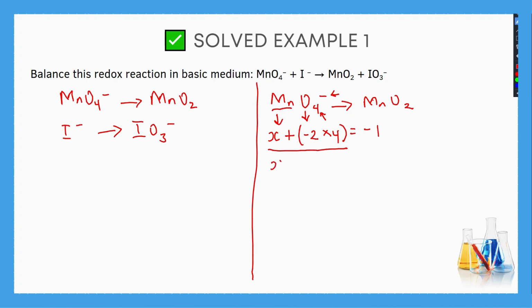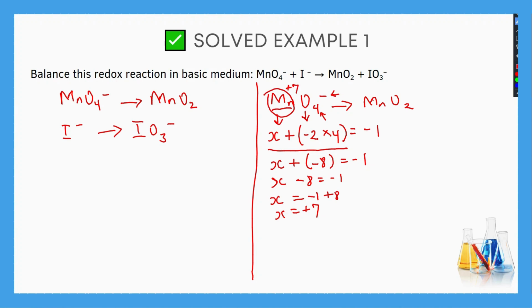So X plus -2 times 4 gives us -8, everything equal to -1. Then X - 8 = -1. Finally, X = -1 + 8, which is +7. So in this compound, the oxidation number of manganese is +7.